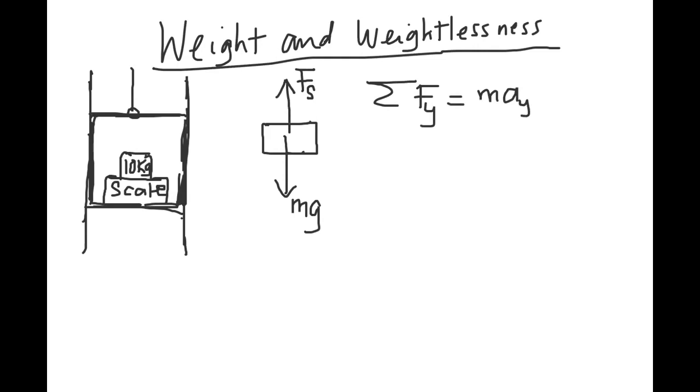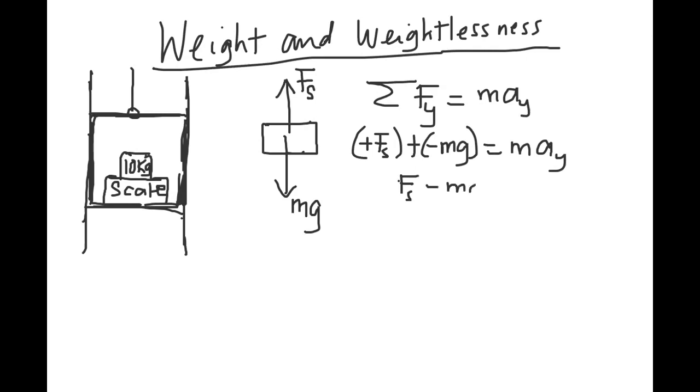Now, Fs is acting upward, so it'd be plus Fs. And then we have to add mg, which is acting downward, that's minus mg. The result must be mass times acceleration in the y direction. This gives me support force minus mg equal to mass times acceleration in the y direction.